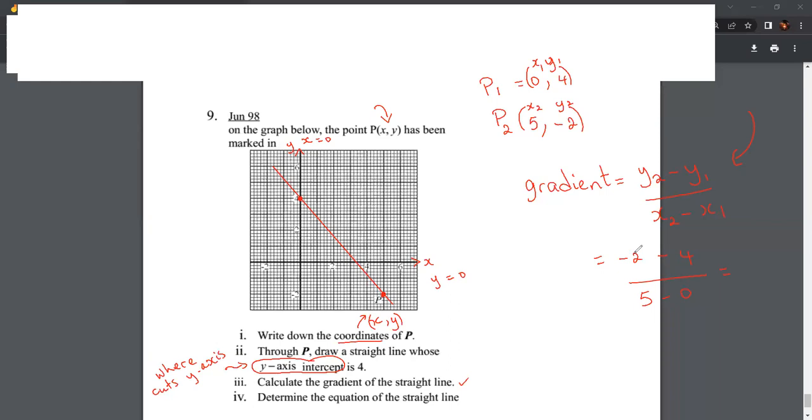So it's going to be -2 minus 4, that will be minus 6 over 5 minus 0, which is 5. So my gradient will be negative 6 over 5, or negative 1 1/5.